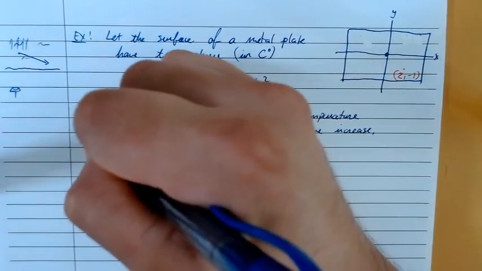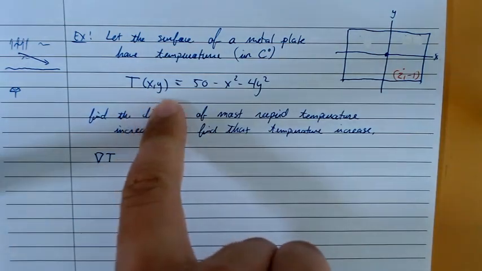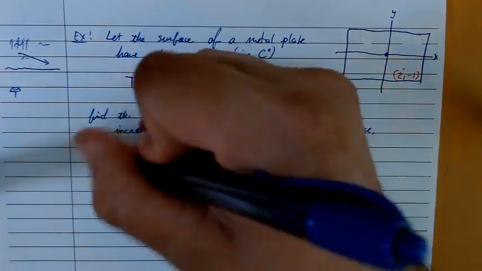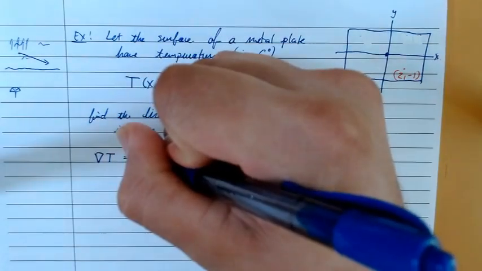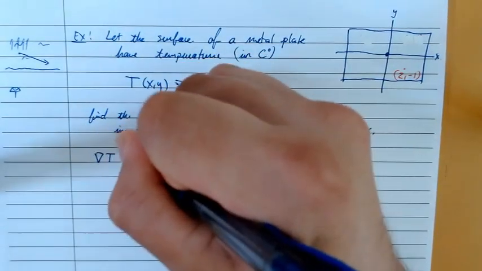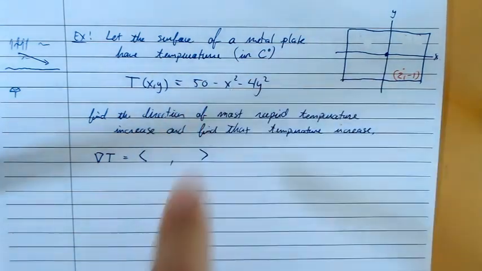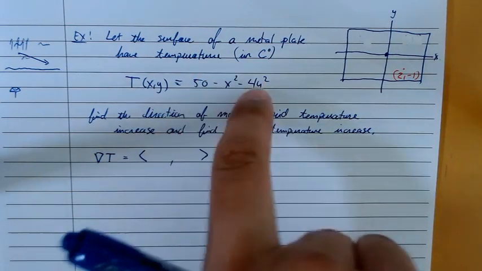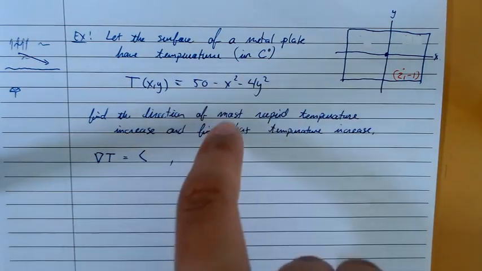The gradient of t, you can say gradient of t of x comma y, is equal to, well, it's a vector where the first component is the derivative with respect to x. Okay, well, these are both constants with respect to x, so the derivatives are 0.